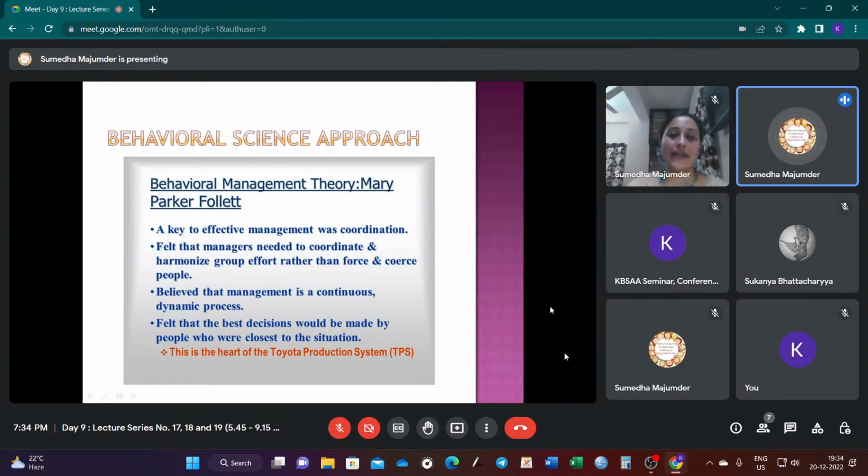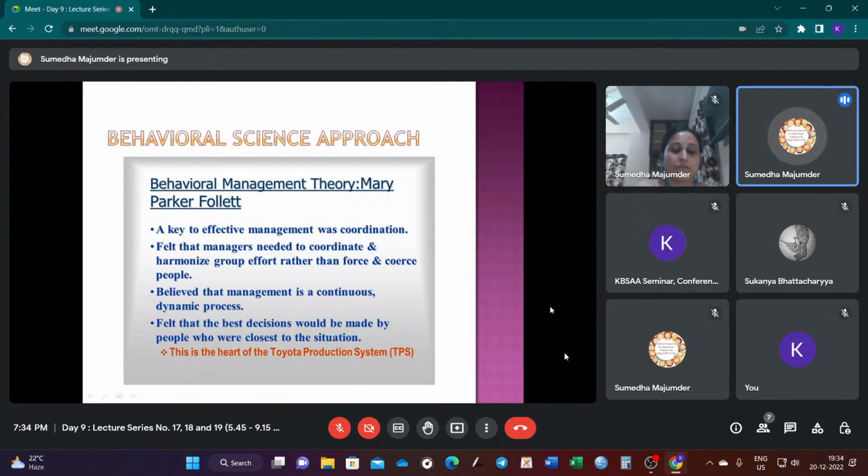And also it is felt that any person within the organization who is actually closest to the situation, if that particular person takes part in the decision making, then definitely that should be proper, which is known as participation in management. That is also important. Mane, suppose we know that the strategic level of management takes the decision.